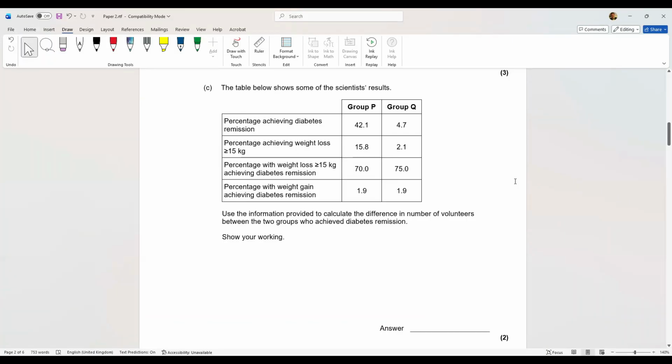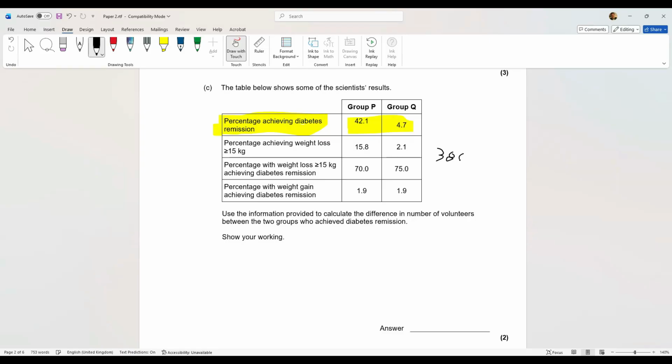It then gives you a calculation to do. So it says use the information to calculate the difference in the number of volunteers between the 2 groups who achieved diabetes remission. So we're looking at this one, looking at that one there, and that's a percentage. All right. So first of all, we know that there's 380 people.